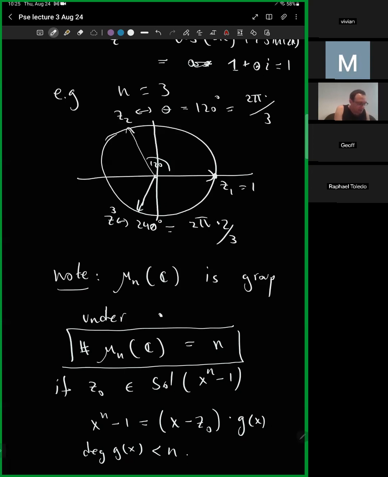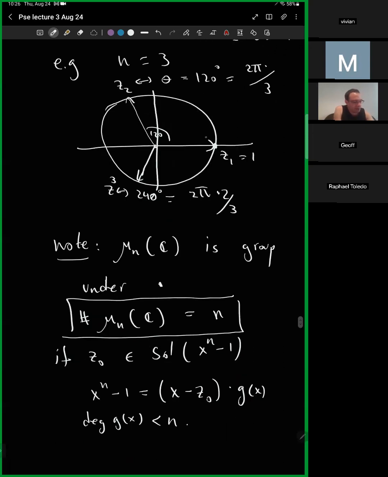And the operation of multiplying complex numbers is giving me a group, because you can look at it in this description. Of course, if you multiply two things in this triangle, you simply add the two angles.